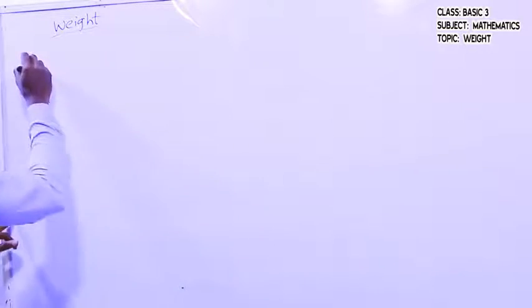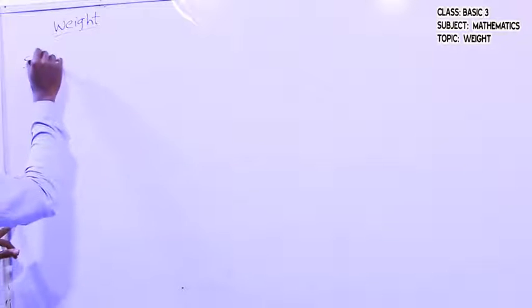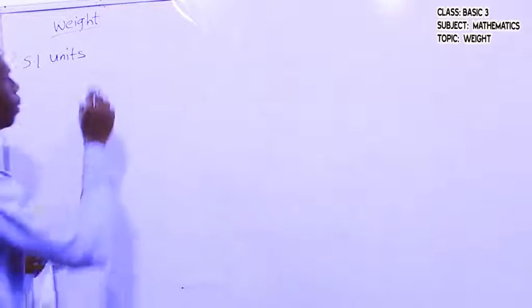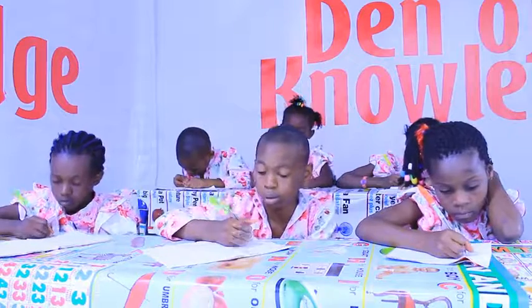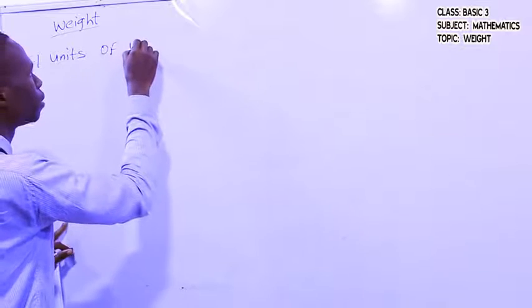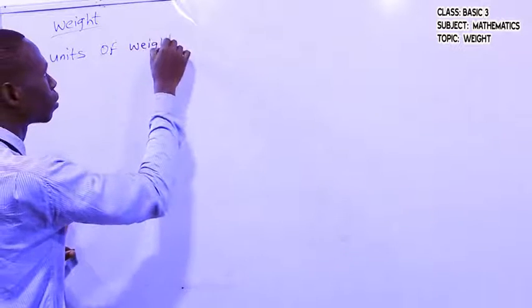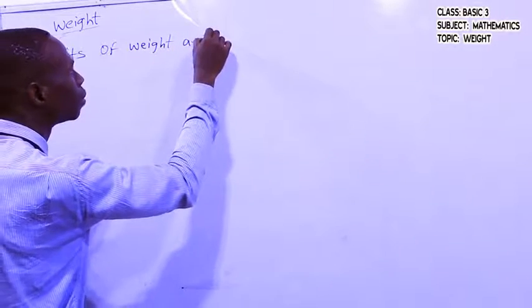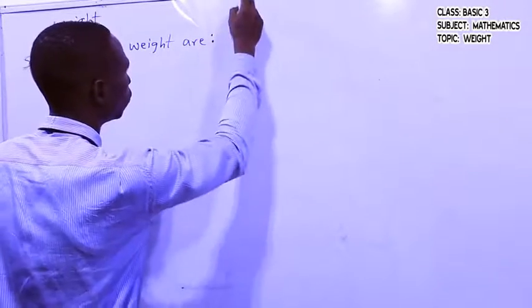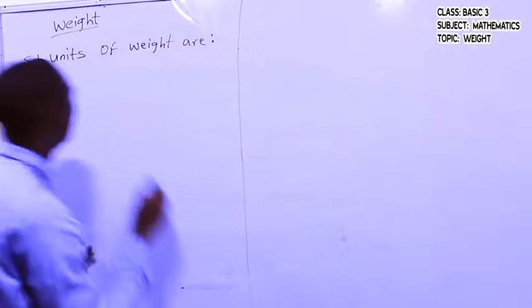Now the standard unit, that is SI units for measuring weight. The SI units of weight are just 2. Okay, let's put it here.